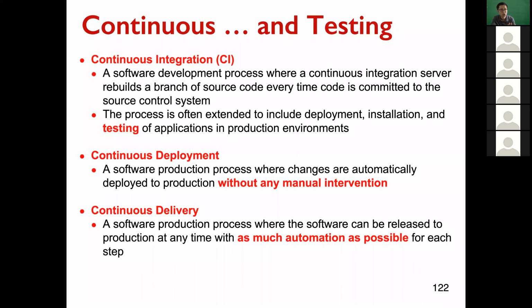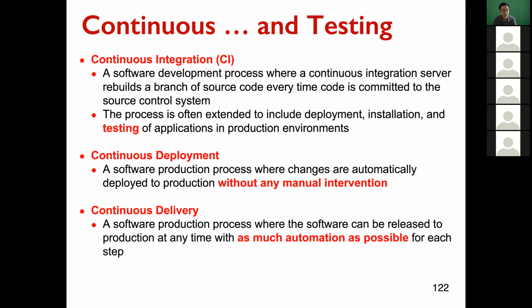So continuous delivery is to deliver the software system to the customer as soon as the code changes are completed. So it can be delivered to the customers multiple times a day.